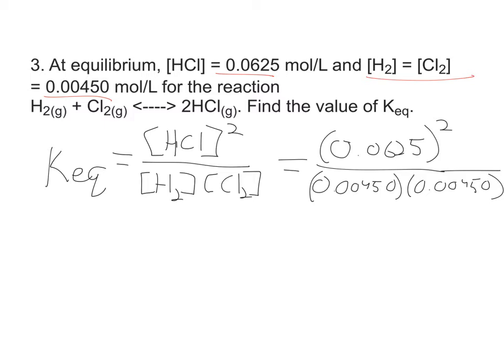So this is an equilibrium constant expression where I have put in the concentrations that I know for each of my chemicals. Alright, and I'm going to need my calculator for this one. So let's do this. We're going to have 0.0625 divided by 0.00450 and divided by 0.00450, and I get a big number actually.